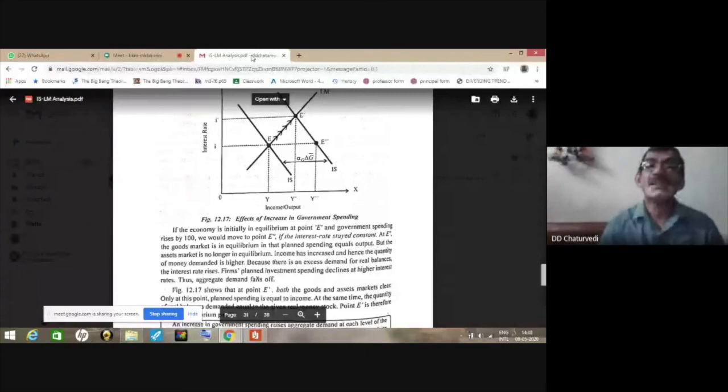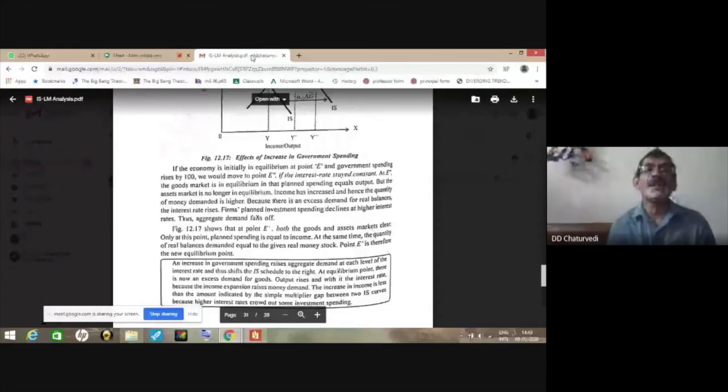So that means when we are moving from E to E double dash, our product market is in equilibrium, but there is a disequilibrium in the money market, and this disequilibrium in the money market is taken care of by moving from point E to E dash, and at E dash both goods and money markets clear, or we can say both are in equilibrium.